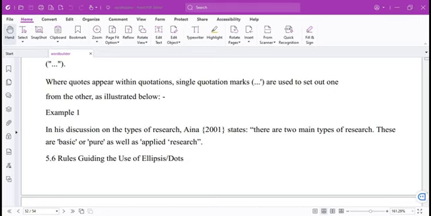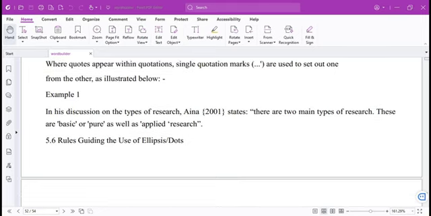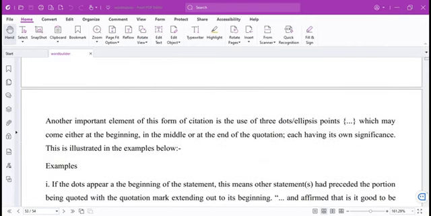Okay. We go to rules guiding the use of ellipses or dots. Another important element of this form of citation is the use of 3 dots or ellipses or points, which may come either at the beginning, in the middle, or at the end of the quotation, each having its own significance.